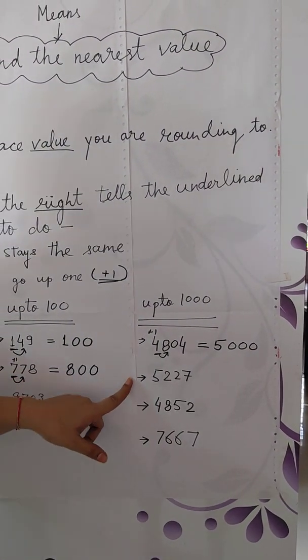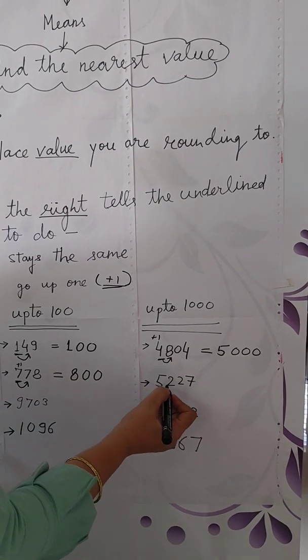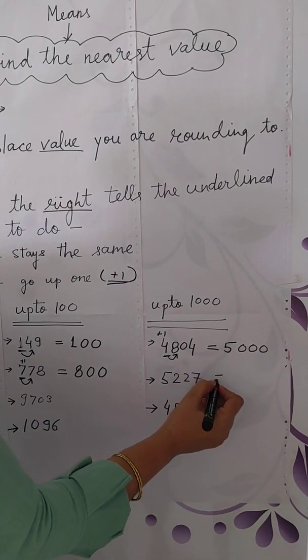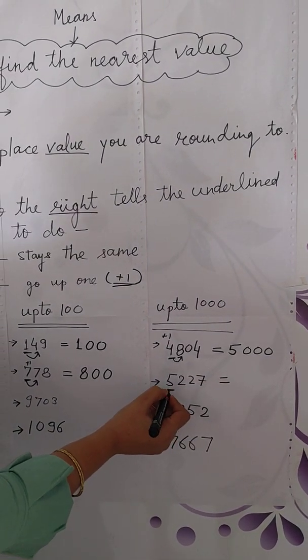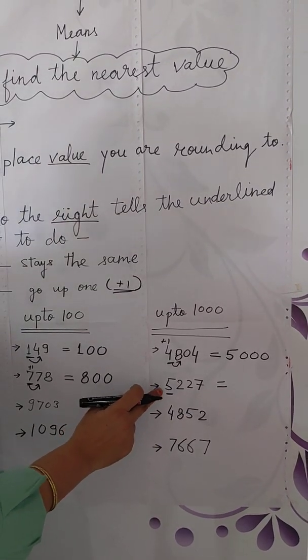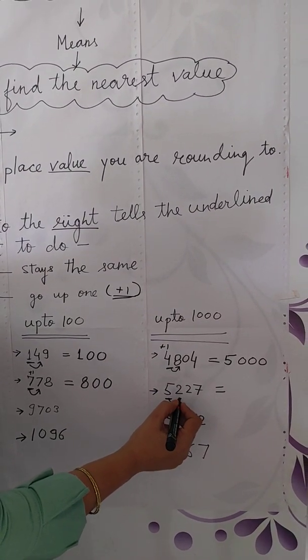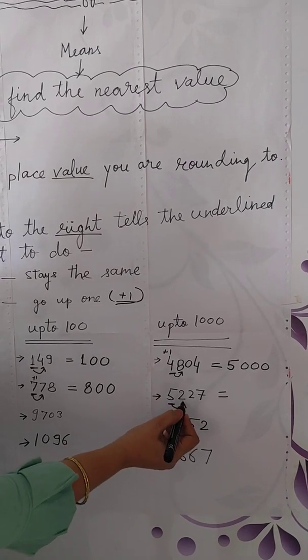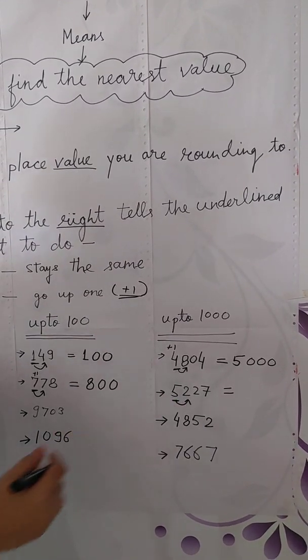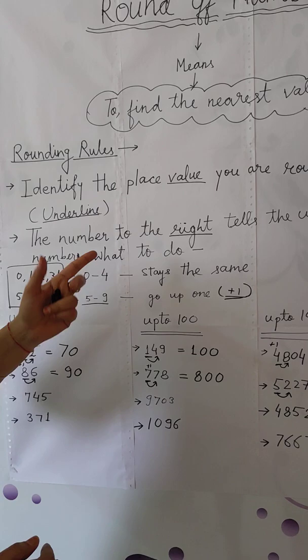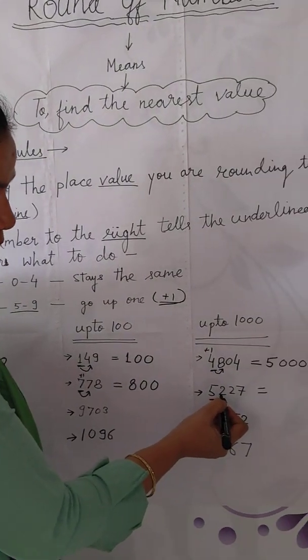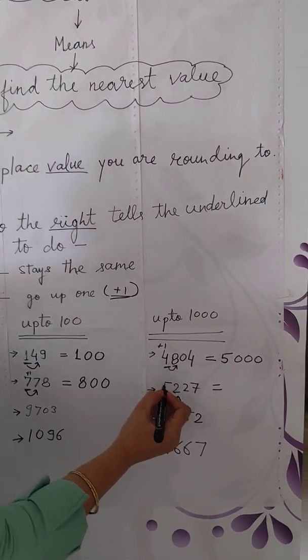Now just see another example, 5227. Again you have to round off up to the thousands place. So check the digit to the right of the thousands place, that is the hundreds place. 2 is there. 2 is in the first group. So in the first group you don't have to add anything to the underlined digit.